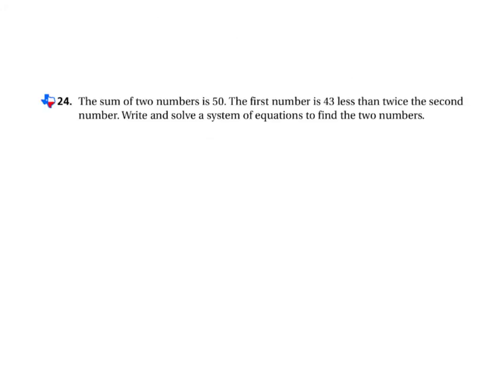To begin this problem, you would first write out the system of linear equations. So it would be two numbers, so x and y. So x, you know that x plus y equals 50.